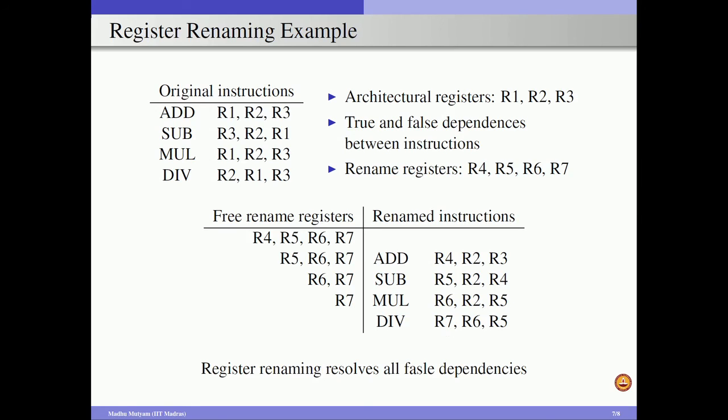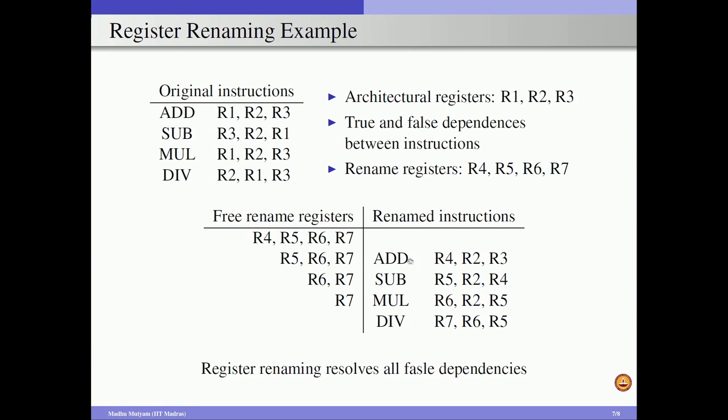Now we will see, after applying this register renaming, whether any name dependency is there. You can see here add and sub. Add is producing the value in R4, and sub is using that as one of the source operands.